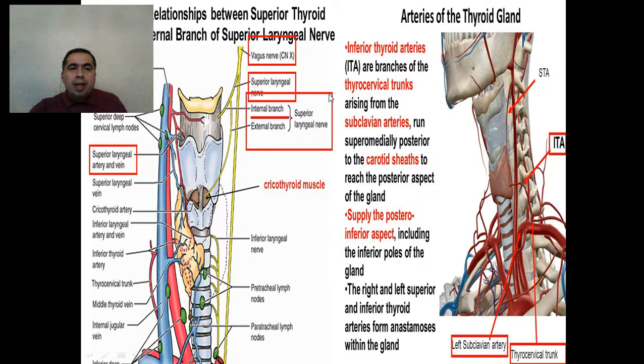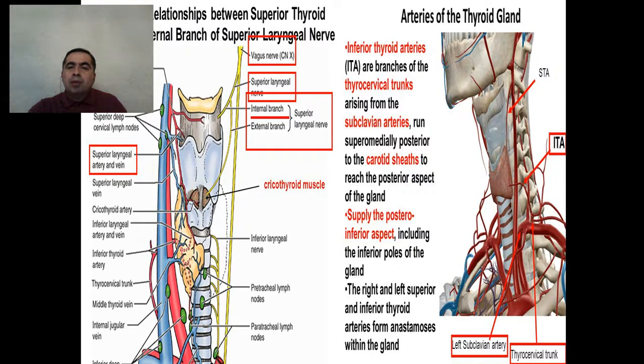And you are looking at the anatomical relationship between the superior thyroid artery and the external branch of the superior laryngeal nerve. The inferior thyroid artery, a branch of the thyrocervical trunk arising from the subclavian artery, runs superomedially posterior to the carotid sheath.